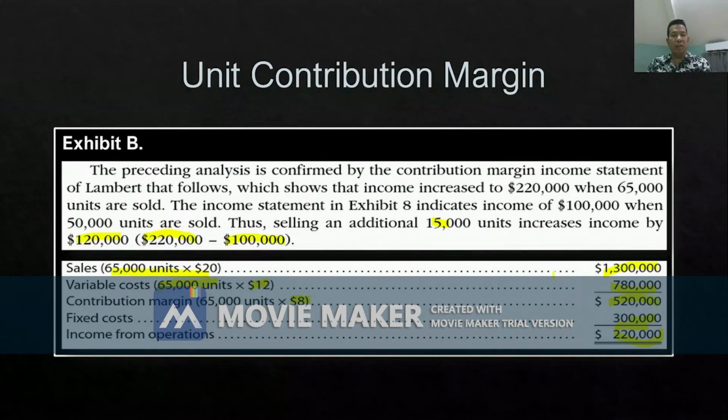This is the result when Lambert has the additional 15,000 units sold. So that's all for the unit contribution margin.